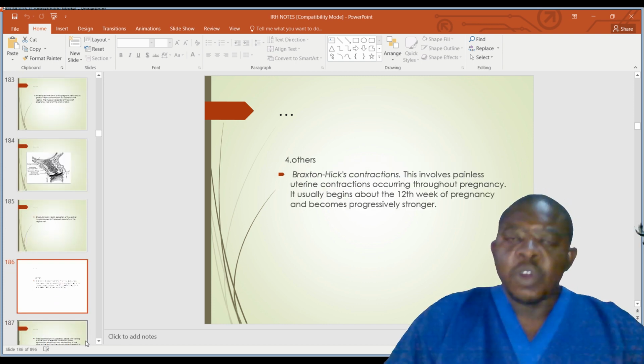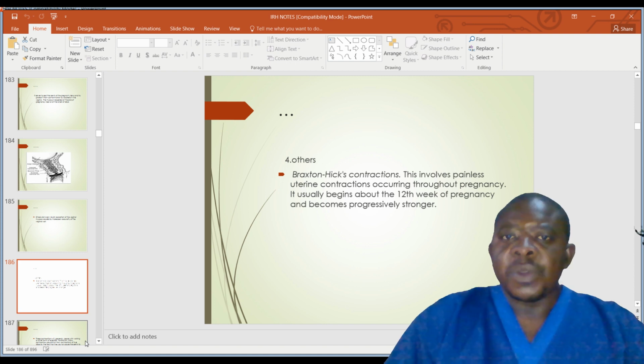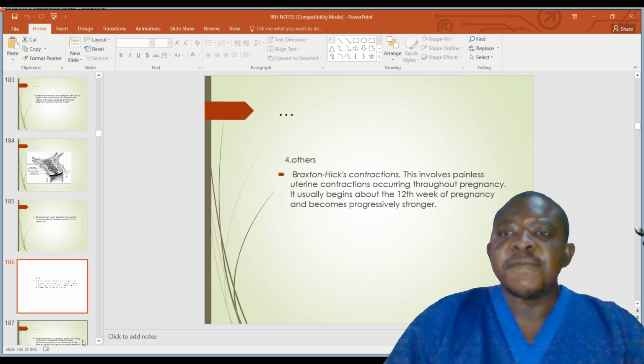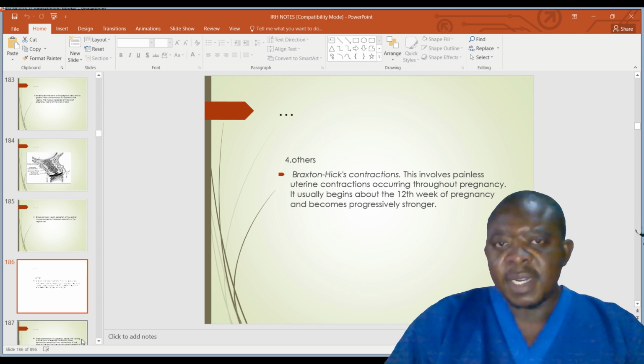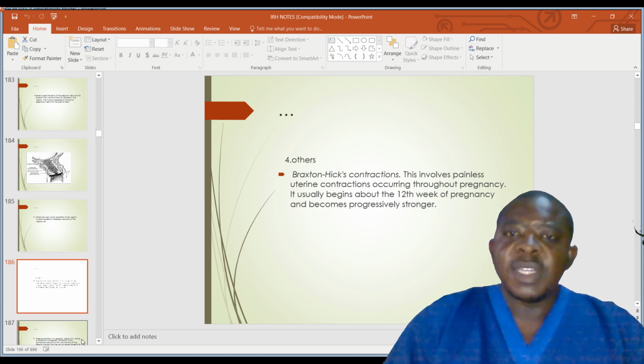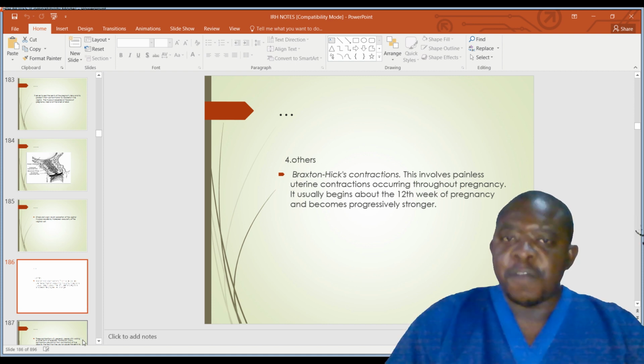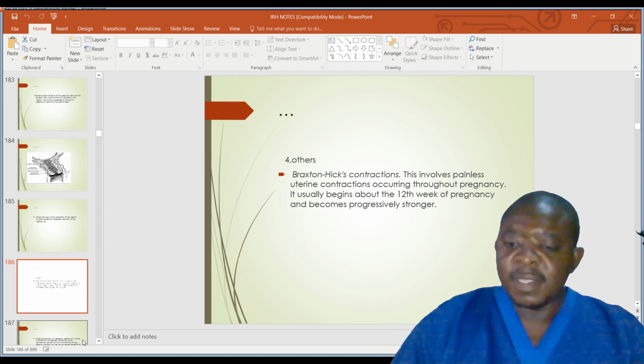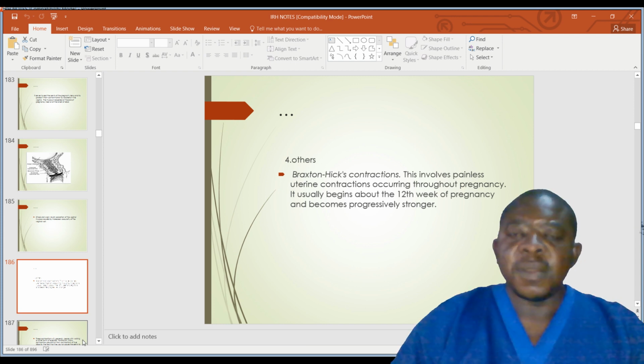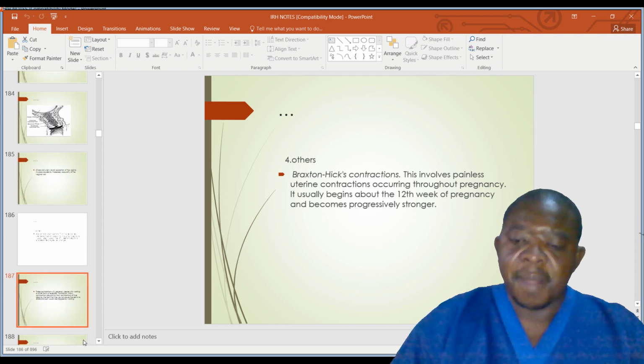Other probable signs are what we call Braxton-Hicks contractions. This involves painless uterine contractions occurring throughout pregnancy. It usually begins about the 12th week of pregnancy and becomes progressively stronger as the woman reaches term.